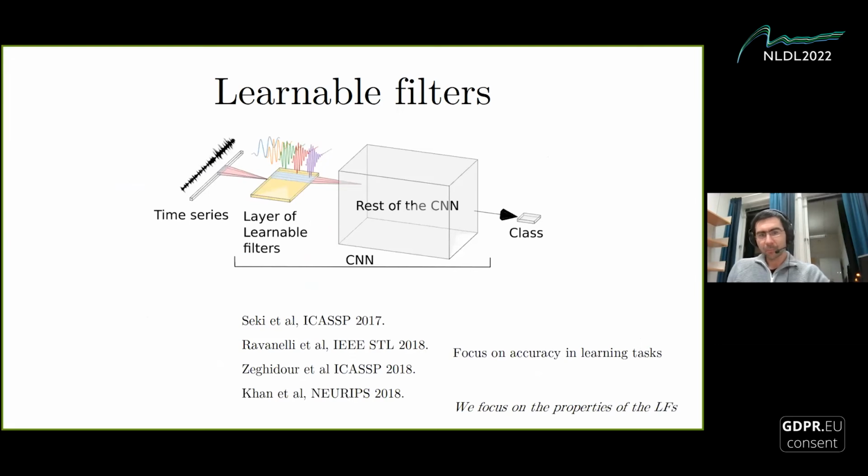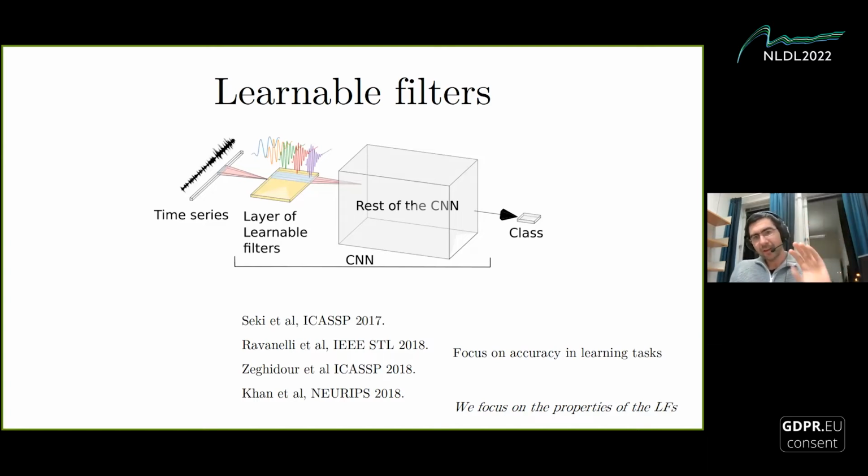These ideas, we didn't invent them. It was started a few years before by this paper that I show you, in a particular case of audio signal processing. But this paper mainly focuses on the accuracy of the learned models, showing that this new layer with a constraint of having a special function to learn is better than a free, flexible convolutional layer.